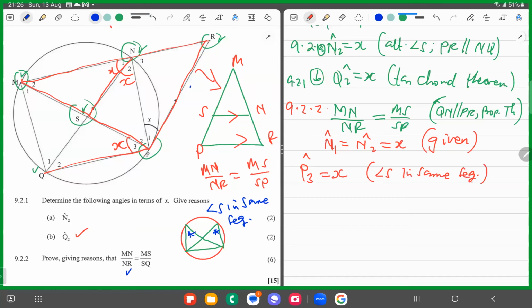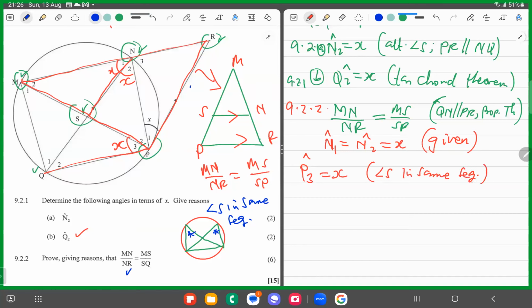Why? The tangent chord theorem. You can see that angle B3, this one, is between the tangent and the chord, and it subtends angle D2.